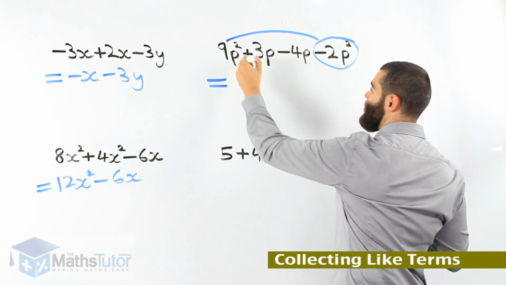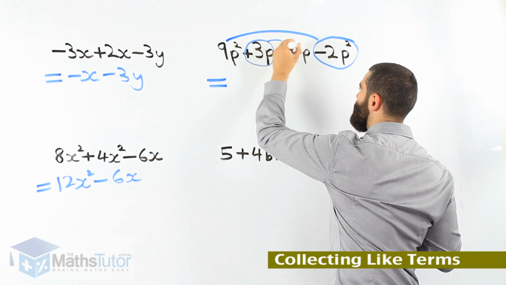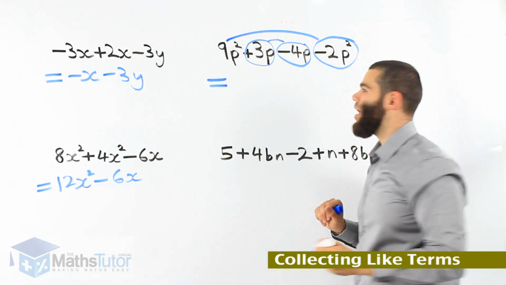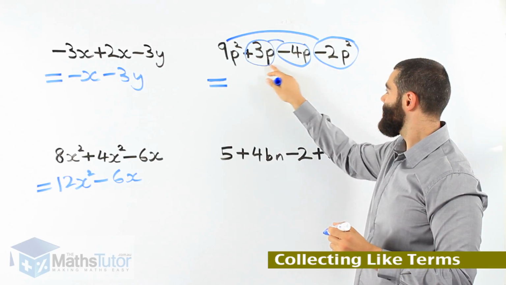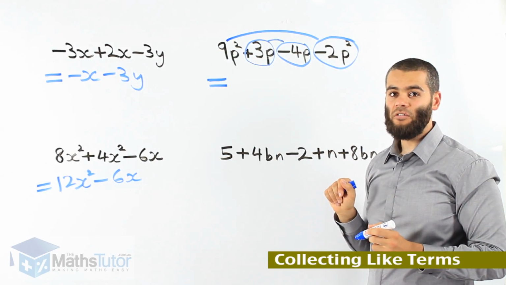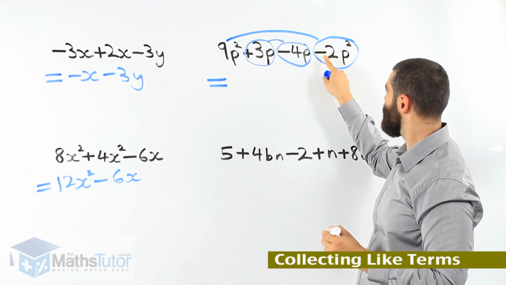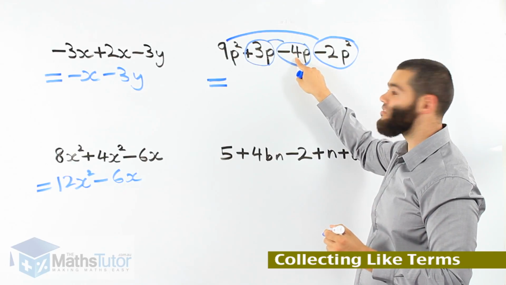And the positive 3p is a like term with minus 4p. So the p squared here are like terms and the p here is like terms. So 9 minus 2. Again, the minus belongs to the 2, that plus belongs to the 3, that minus belongs to the 4.